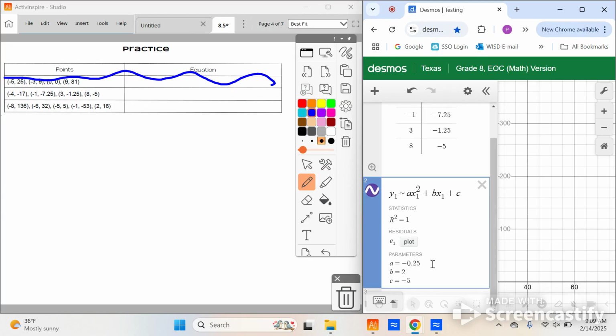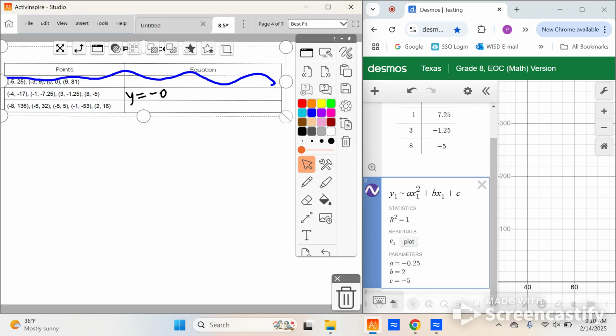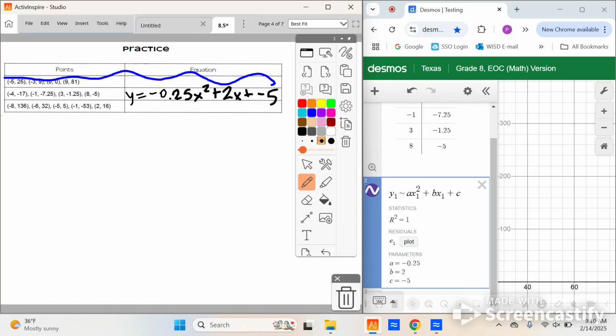Our a value is -0.25. So y equals -0.25x squared plus b, which is 2x, plus c, which is -5. Actually, I don't need the plus there because it's a -5. So I could just write -5.